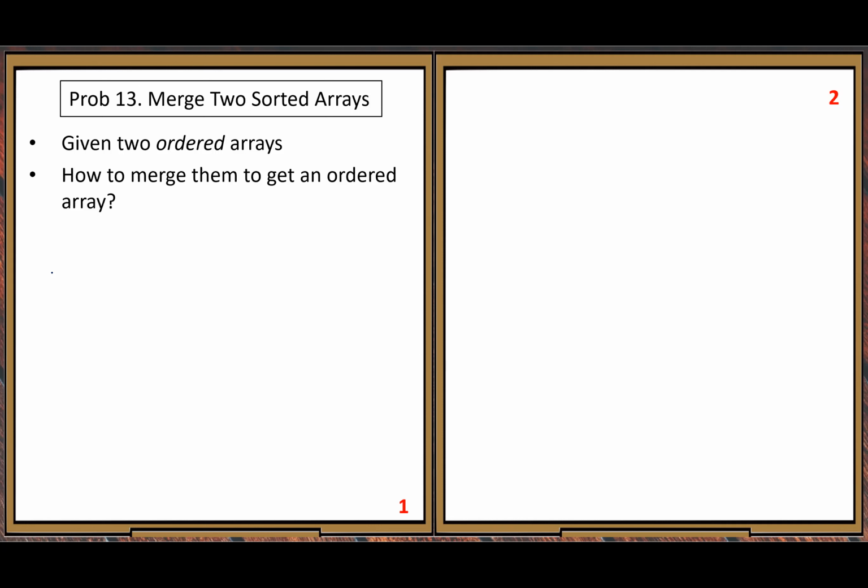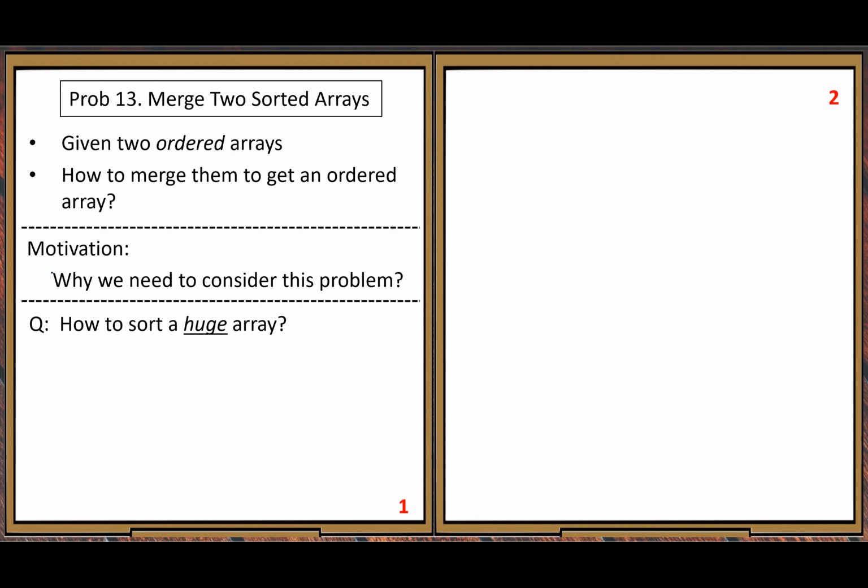Best possible solution, not the best case, best possible overall solution. The motivation here, let me describe a very special situation where we need to use the result of this problem.